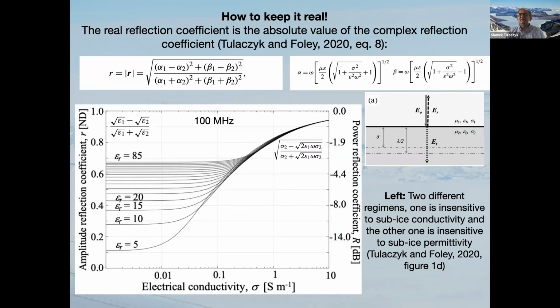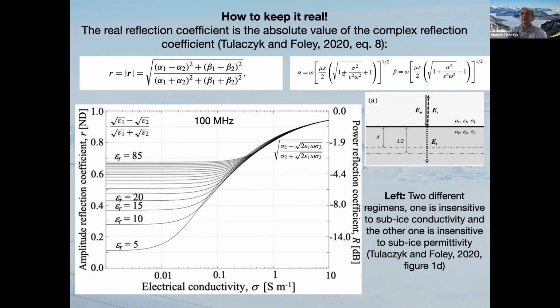This is not a nice, colorful, satellite-derived map of anything, but it is the meat of the paper that we published. When you take the absolute value of the complex reflection coefficient, you can get the real component of it, which is still cumbersome. Those alphas and betas are still there, and they're expressed in these ways. But everything in here is now real. There are no square roots of -1 anywhere.